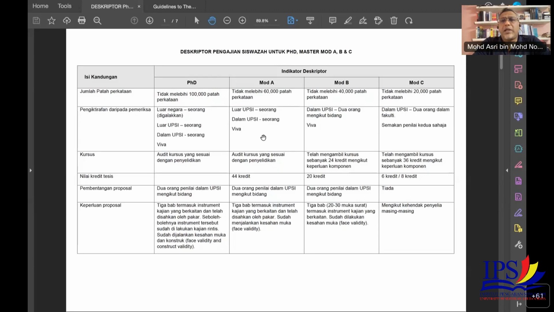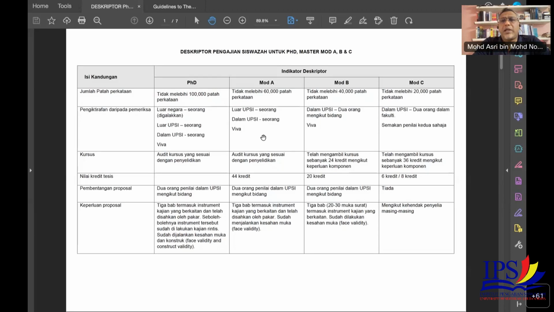So you will have a certain percentage of marks given by your supervisor and your examiner. But the point is, it will only involve internal examiners and you do not have to go for Viva. So that's the first thing that you need to understand.